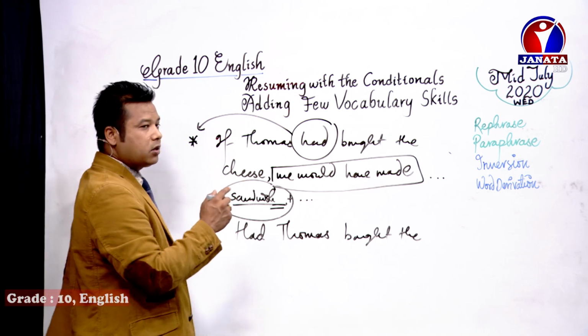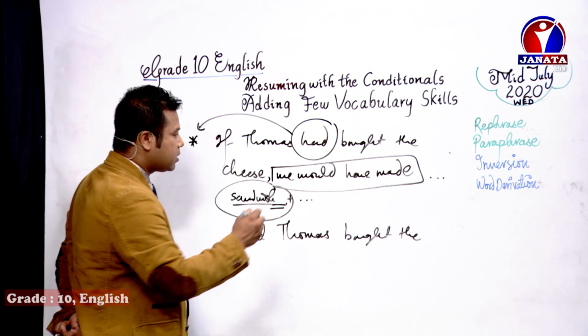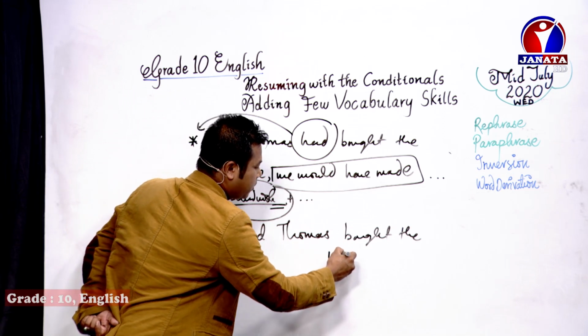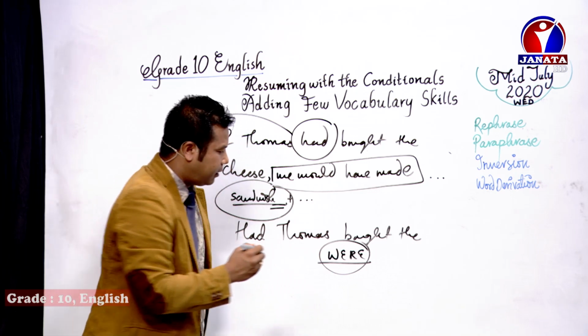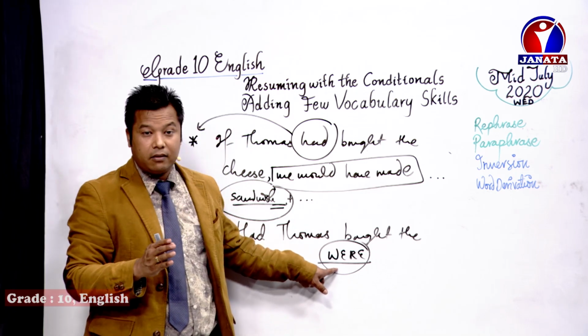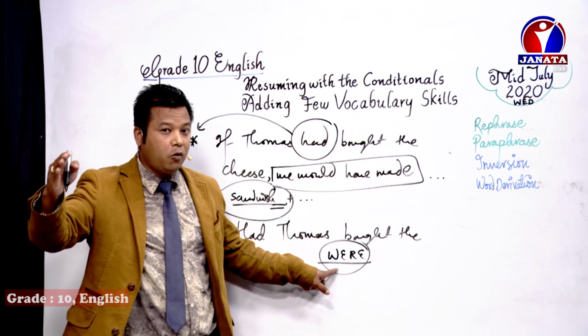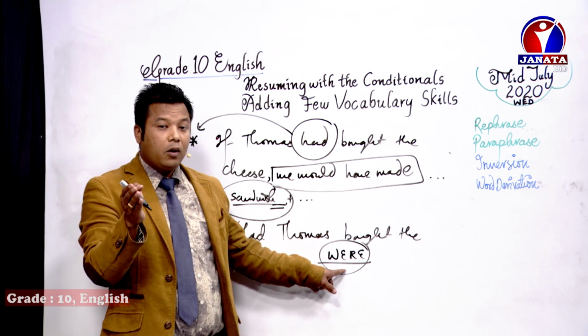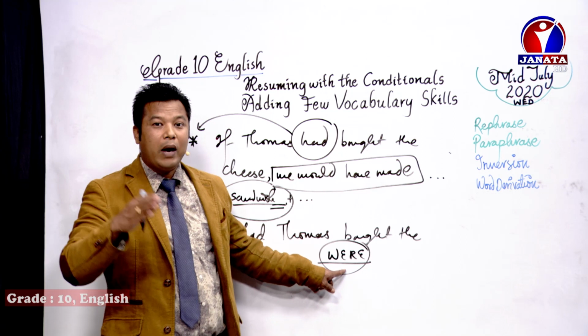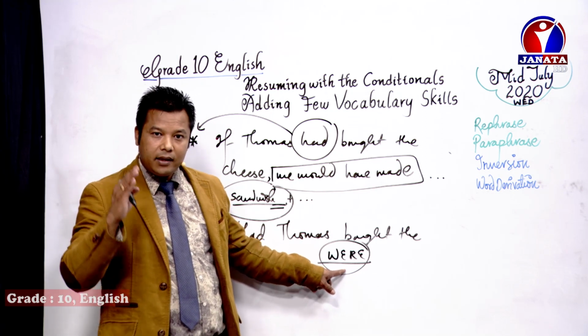Type 2, it's not possible with all, because we only focus on the verb were. Remember, a few minutes ago, I taught you about this were verb. If I were, if she were, if they were. Now, with those possibilities, we can use, were I smart? Were they listening to me? I can use that way.